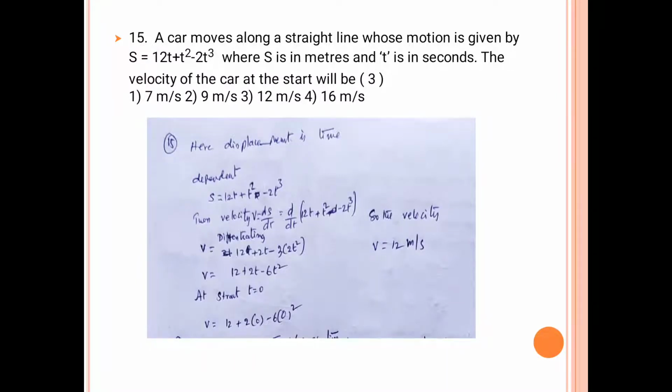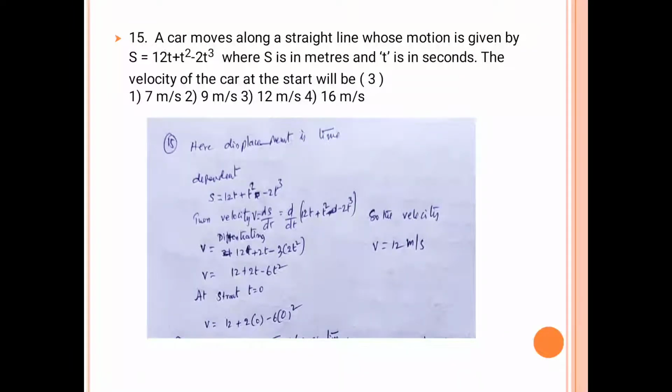Here S is dependent on t. Then what do we have to do? A small mistake is there in the typing itself: S is equal to 12t plus t square minus t cubed. That is a small correction in the question itself. Then the velocity v is equal to ds by dt.